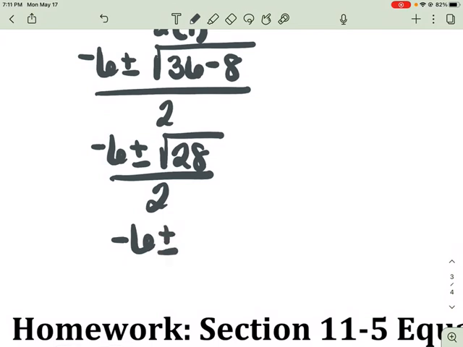All right, so negative 6 plus or minus 28 would be 2 square roots of 7 all over 2.